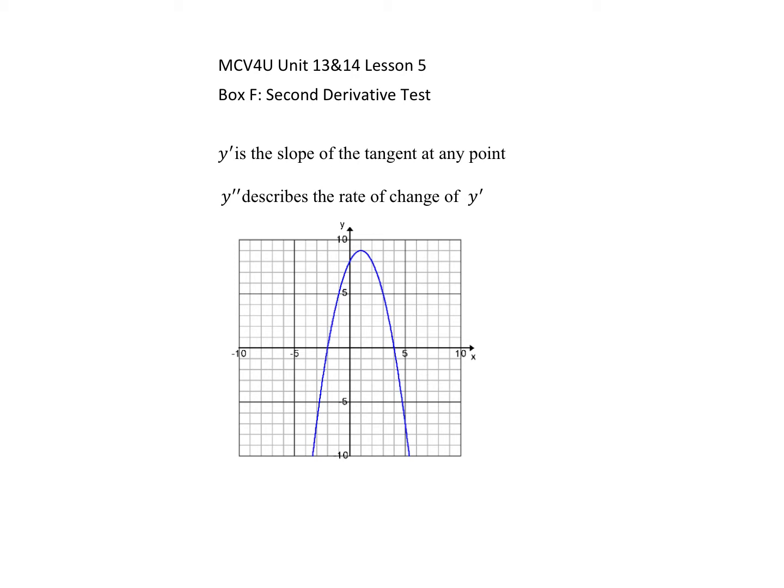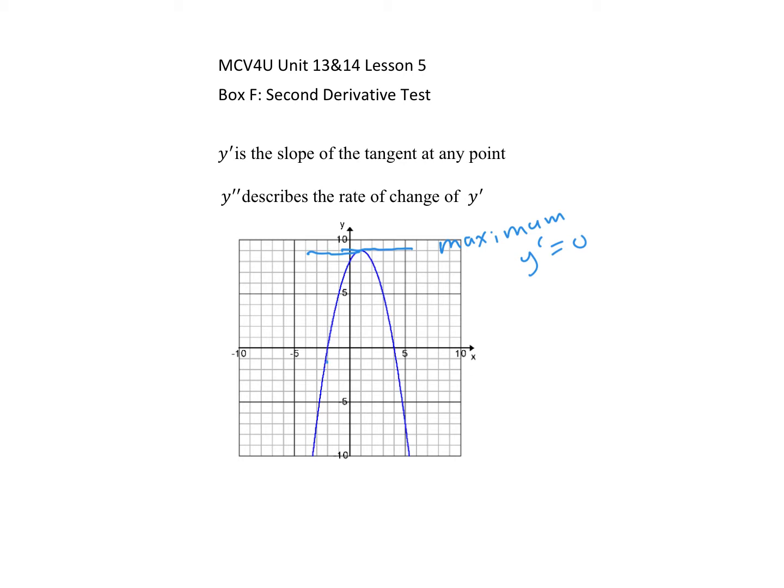So for example, if I approach a turning point here where we have a maximum value, here the slope of my tangent is 0. It has a horizontal line, so the slope is 0.